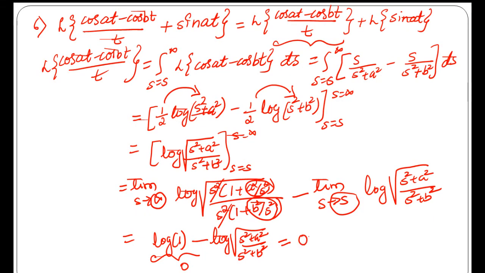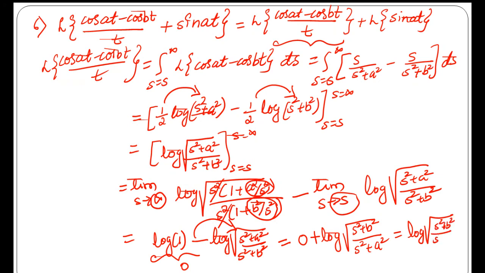Log 1 value we know is equal to 0, and I will take that negative sign here. Log of this power minus 1, so log of root with power minus 1 means interchange the numerator and denominator. So the numerator is s square plus b square and denominator is s square plus a square. So the answer for the first term is log of square root of s square plus b square divided by s square plus a square.